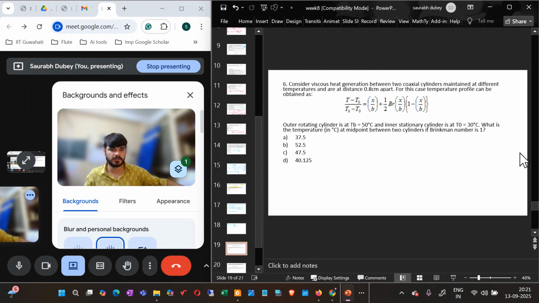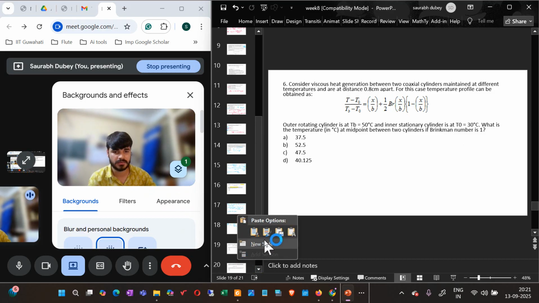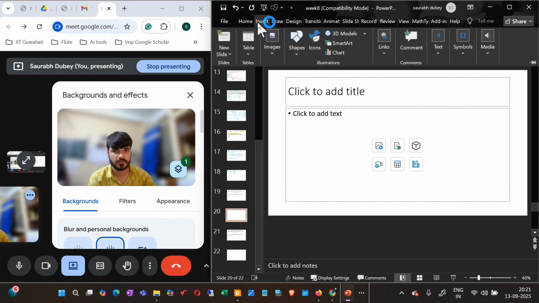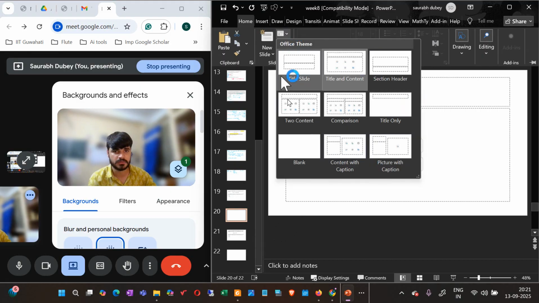So this one, if you see, T minus T0 divided by Tb minus T0, and now the Brinkman number. And here you can see that the fluid is rotating, nothing is said about that. Okay, so we will be actually looking at that. So new slide. Let's just omit it out.